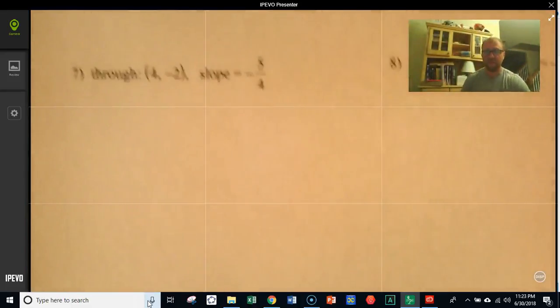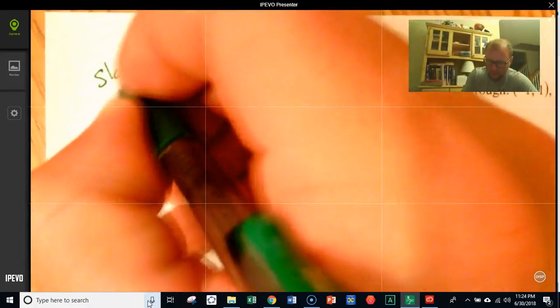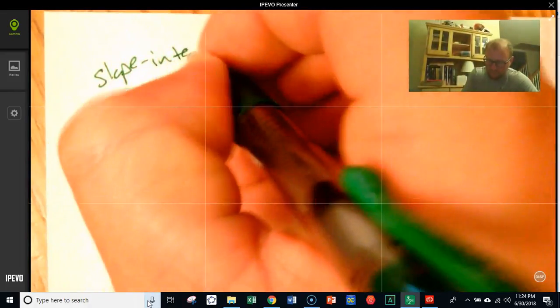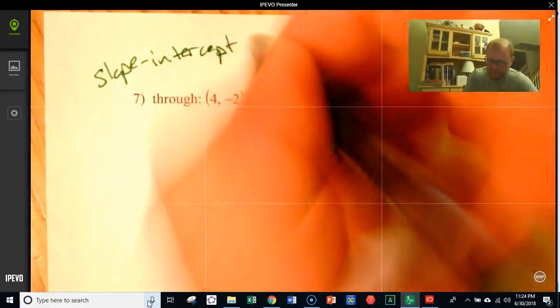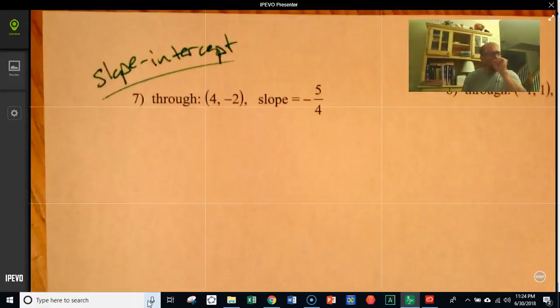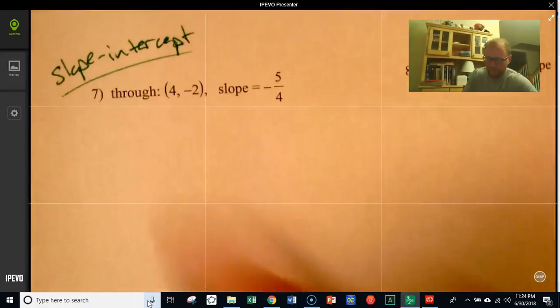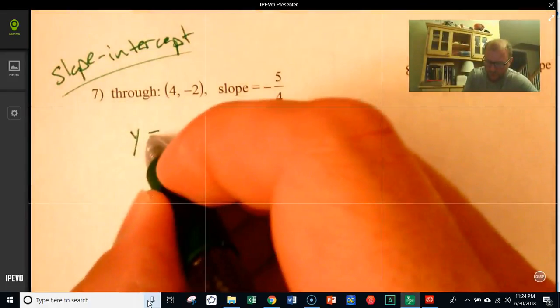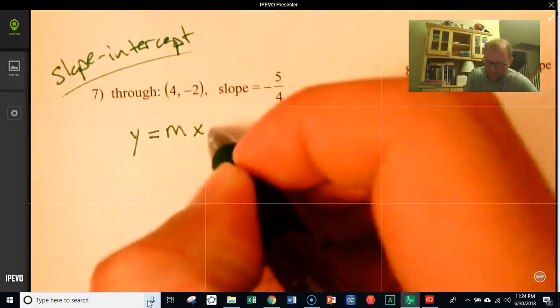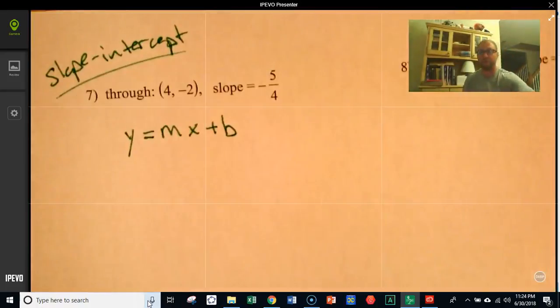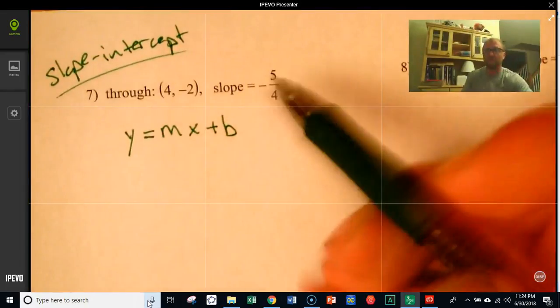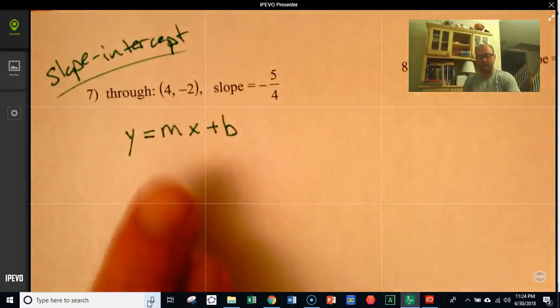Okay, so these are all going to be in slope-intercept form. You know your slope-intercept form is y equals mx plus b. Now, if you know the slope of your line, you know the m part already.